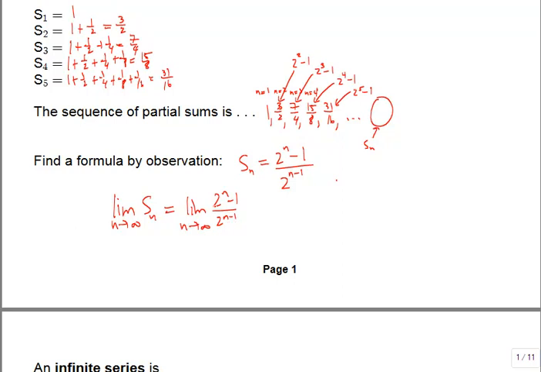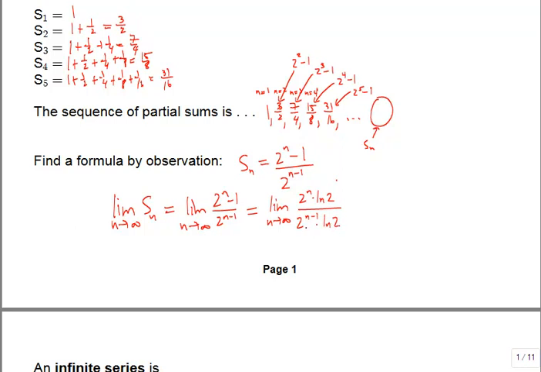So this is acting like infinity over infinity. But we have L'Hopital's rule at our disposal, so we can take the derivative of the top. The derivative of 2 to the n is 2 to the n times ln of 2. And on the bottom, the derivative of 2 to the n minus 1 would be 2 to the n minus 1 back again times ln of 2 as well.